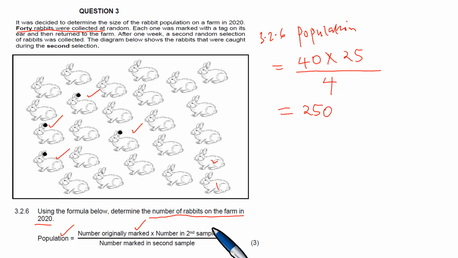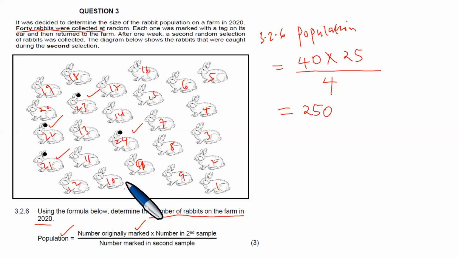Now let me count again: 1, 2, 3, 4, 5, 6, 7, 8, 9, 10, 11, 12, 13, 14, 15, 16, 17, 18, 19, 20, 21, 22, 23, 24.